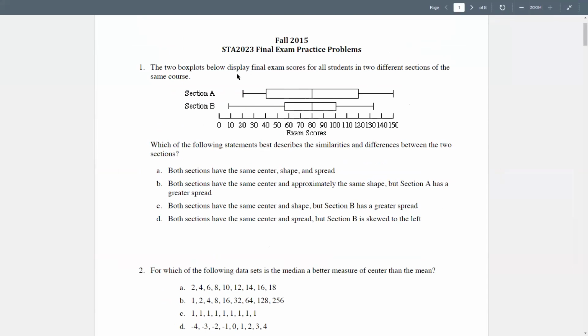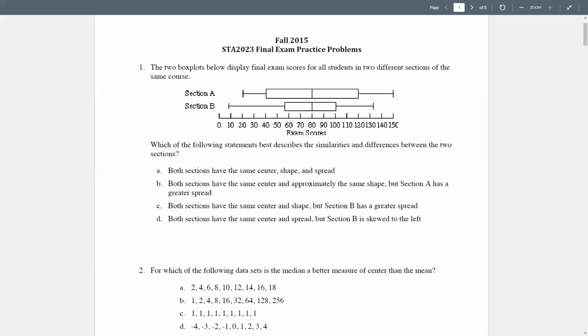You have one in section A and the other in section B. They say both sections have the same center, which is correct. But I don't think they have the same shape and the same spread. Look at B: B is a little bit longer on one side, and B is more condensed than A. A looks larger and more spread out. I don't know if you see it clearly.